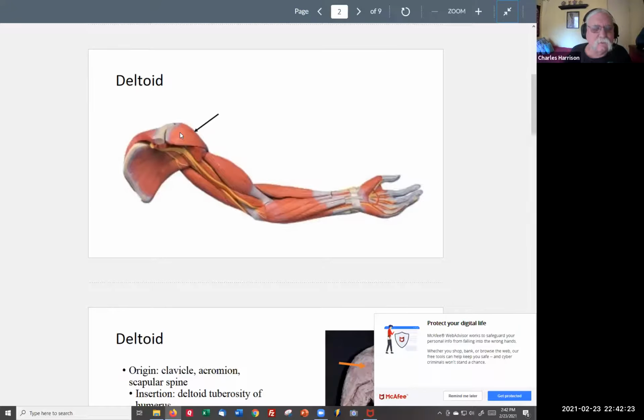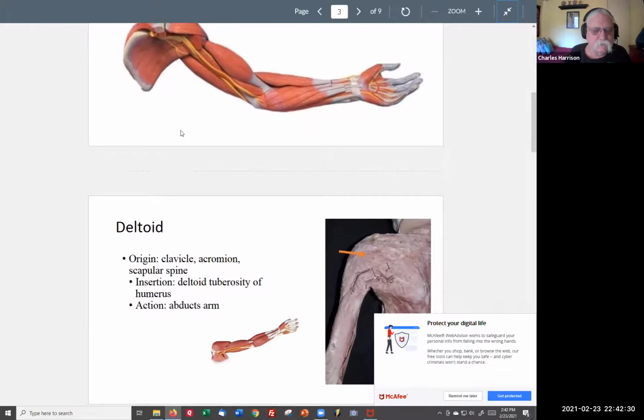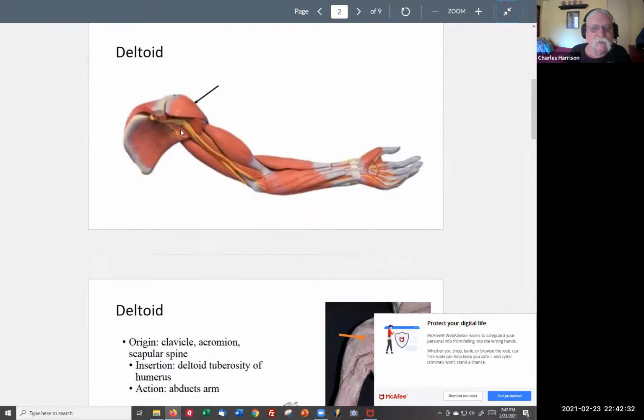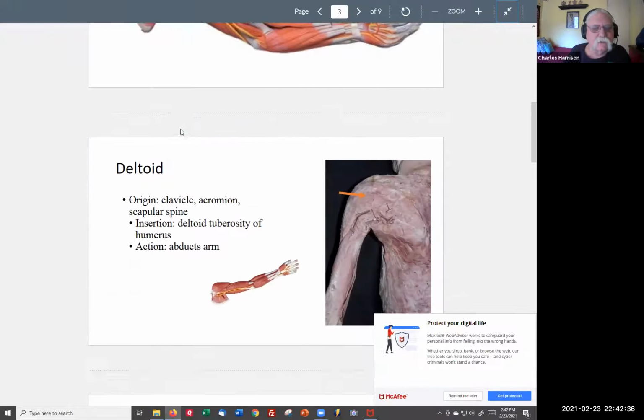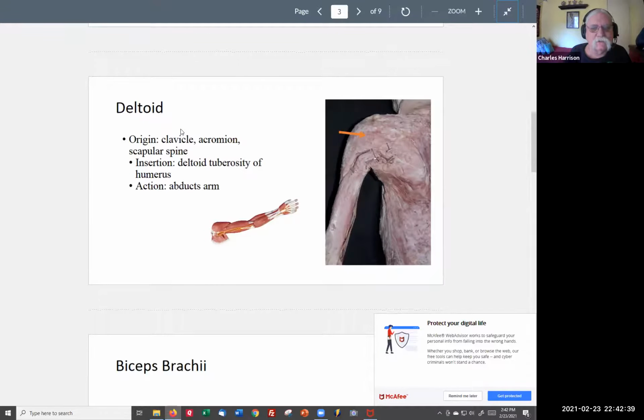You will not be responsible for the three parts, just the deltoid itself. If you want to, you can print this page out and make flashcards, because it does give the action, which is very important, the insertion and the origin.